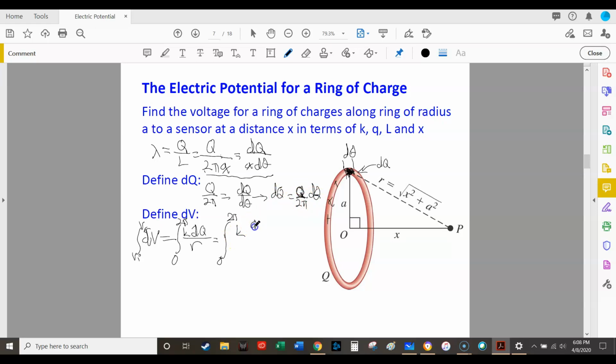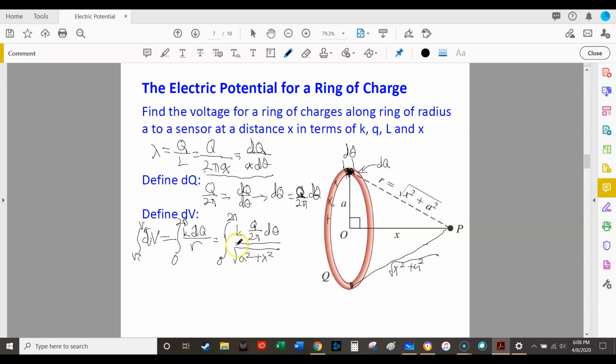And r is going to be the straight line distance from where we've sited our dq in the integral all the way to our point P. That's going to be the square root of a squared plus x squared. If you notice, this distance isn't changing no matter where you are, so from here to here is also the square root of x squared plus a squared.